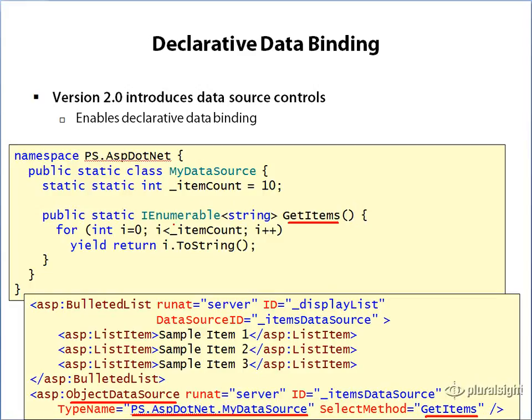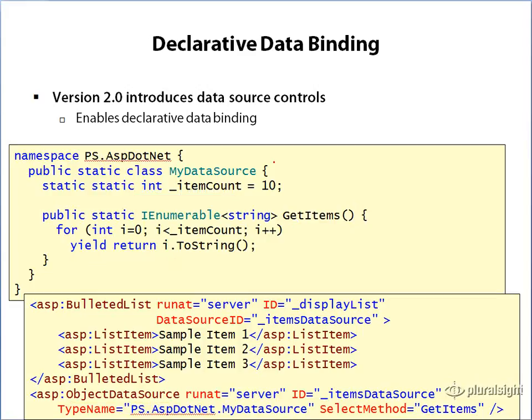Now what I'm doing in my example here is I'm going to return a list that looks very similar to our previous lists just by using the yield return operator that builds up an enumerable implementation for us and iterating across the item count. I also will keep a static count of items here so that we can refer to that. So let's go ahead and try this out.